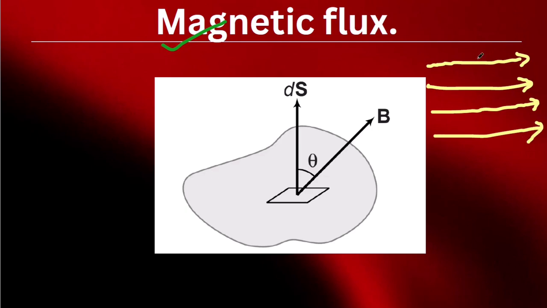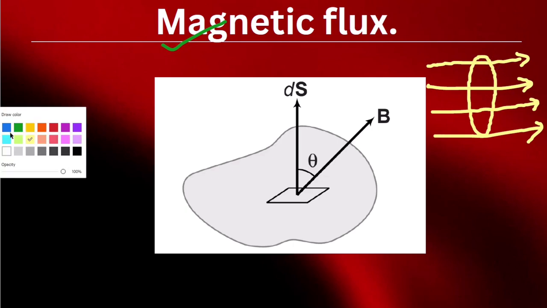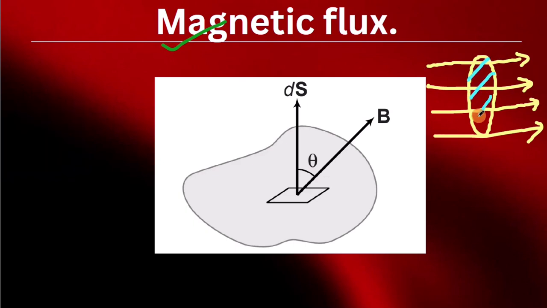Now we consider a unit area perpendicular to these field lines. This is a unit area perpendicular to the field lines. Then this unit area encloses how many field lines? Here for example say 4. Then this is the magnetic flux passing through this surface. Okay, the concept is like this.